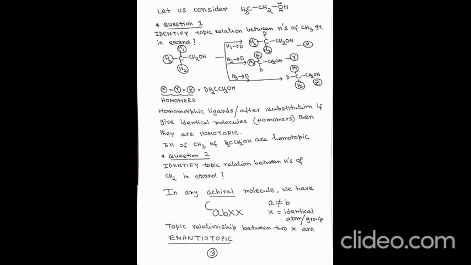Means in this question, where we are trying to find the topic relationship between the 2 hydrogens of CH2 of ethyl alcohol, if we solve by the substitution method, then also we will get that the 2 hydrogens are enantiotopic.